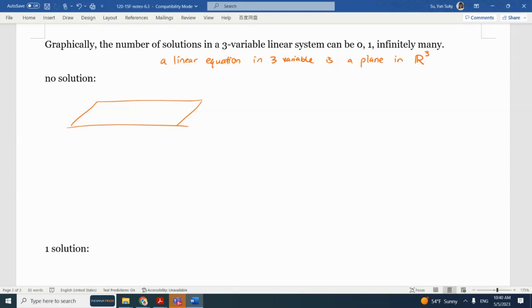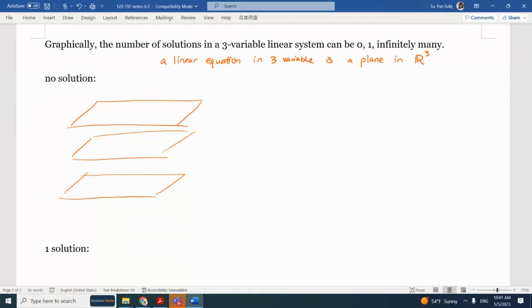Have you seen R3? The symbol? Yes. So it's an XYZ space. So a linear equation in 3 variables is a plane in R3. No solution means those 3 planes do not intersect. So one possibility is those 3 planes, all of them are parallel. Right? Everybody? Then they don't intersect.